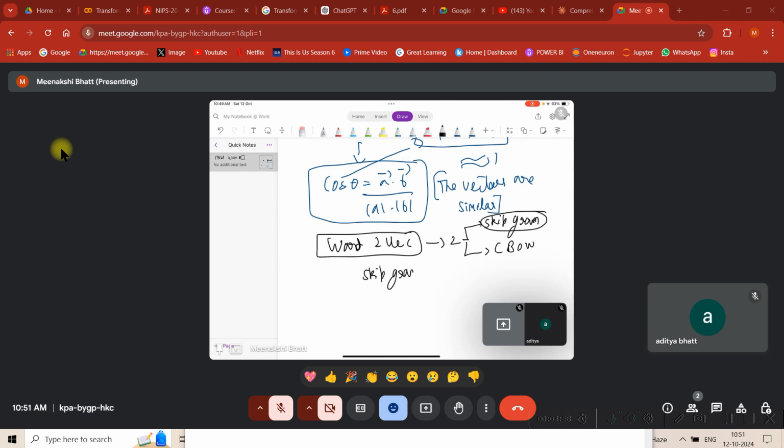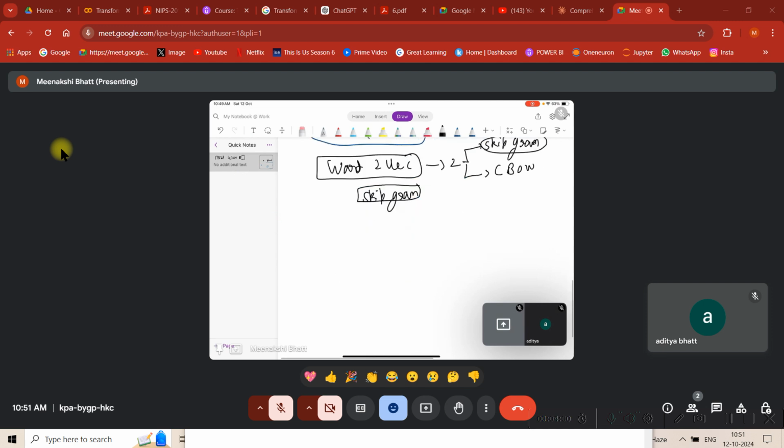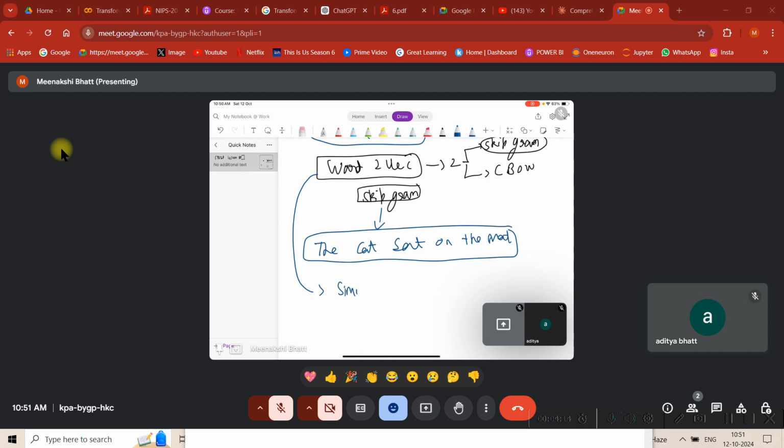Let's say you have a sentence, the cat sat on the mat. Basic sentence. Word2Vec essentially comes up with the idea that similar words have similar meanings. I think I've said this many times, but just reiterating.